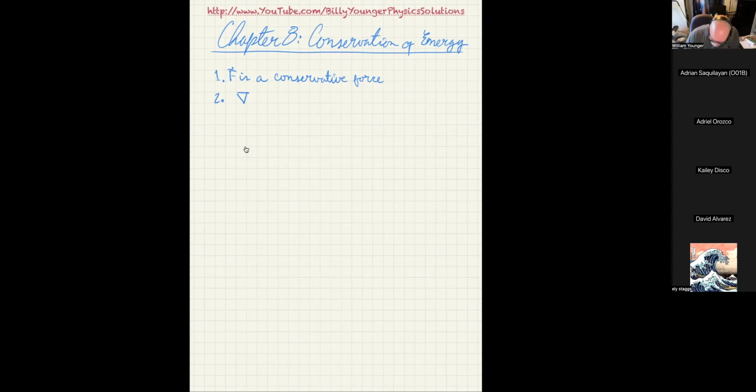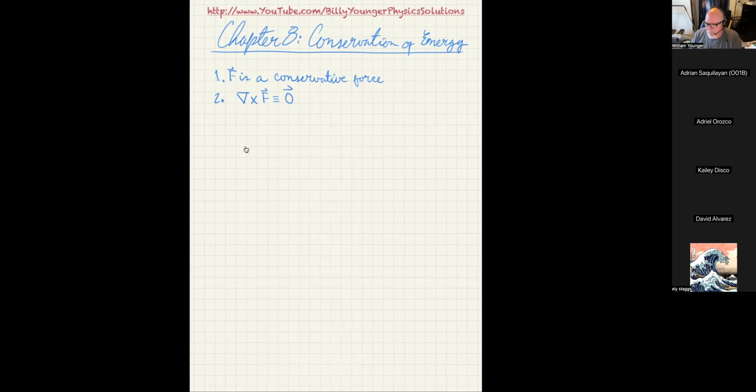So, anyways, if you take a cross product of del with F, and you get that it's identically zero, so I'm putting a triple equals bar there, del cross F equals zero, then that is another thing that's true.